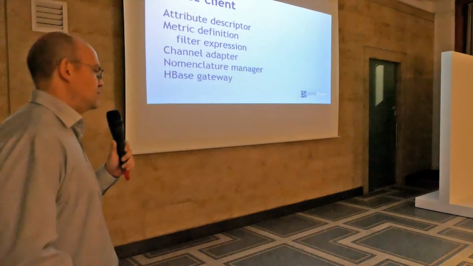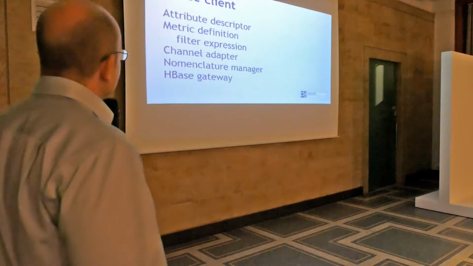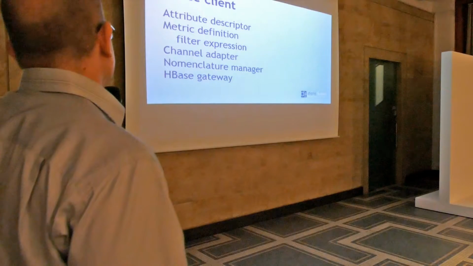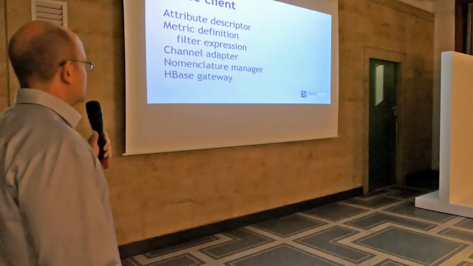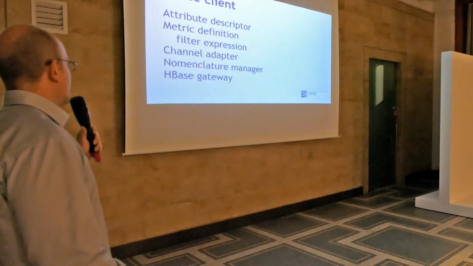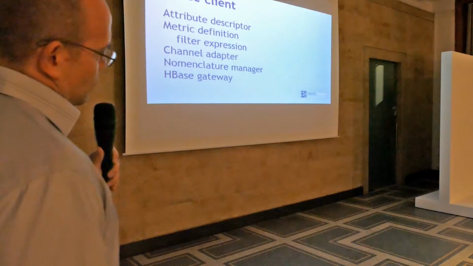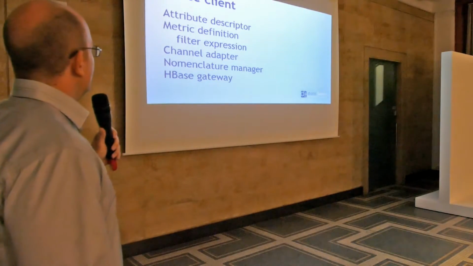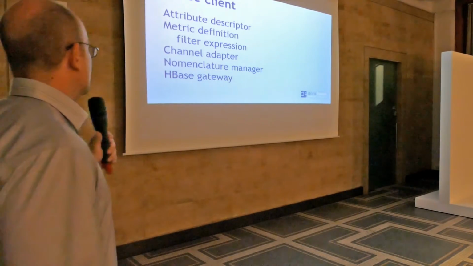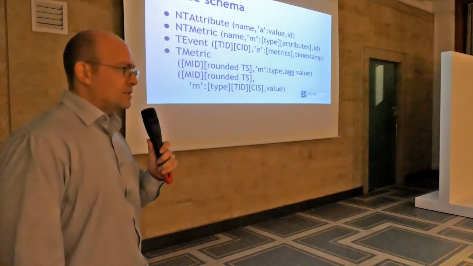One was a pretty simple count, and the other was latency type. We also have a channel adapter in order to support the events passing through the message bus. We have something called the message manager, which manages attribute and method definitions, and of course we have the HBase gateway.